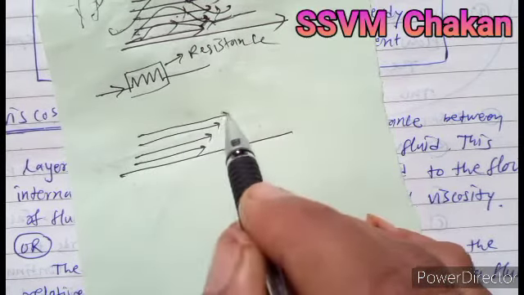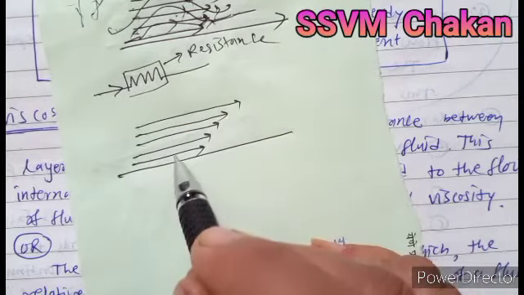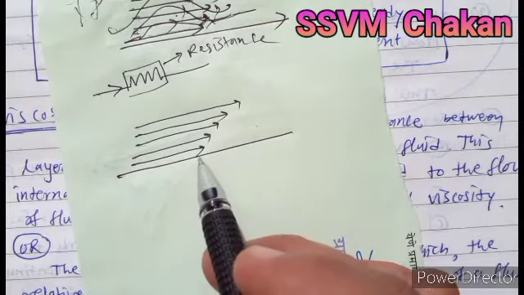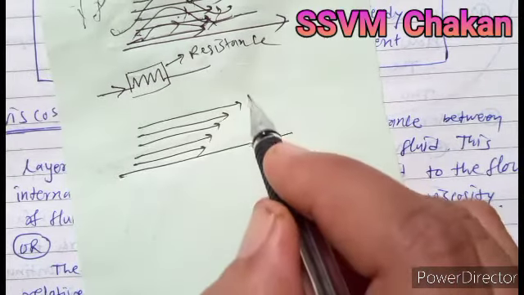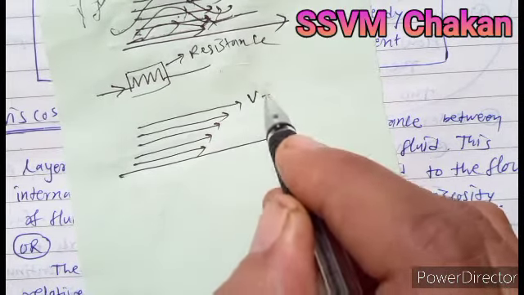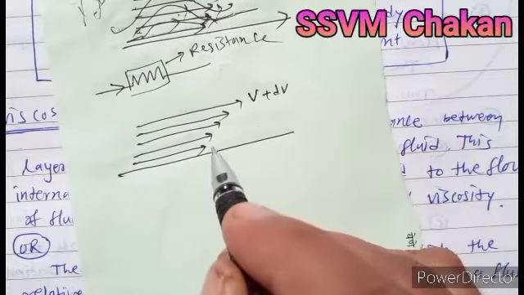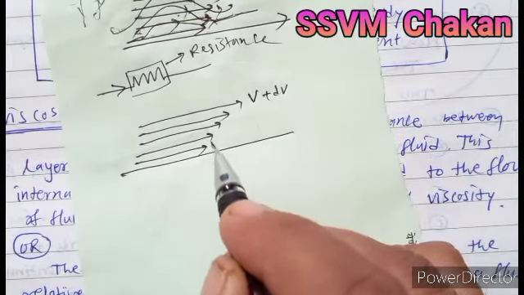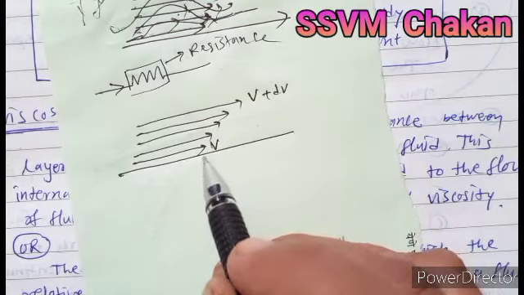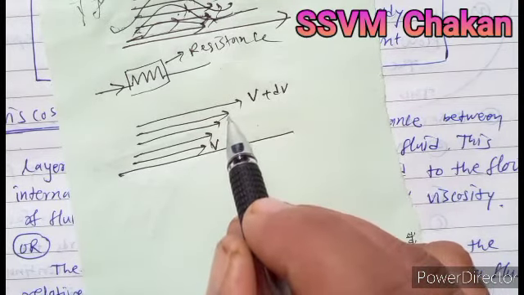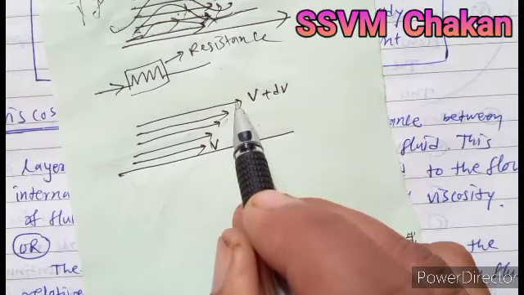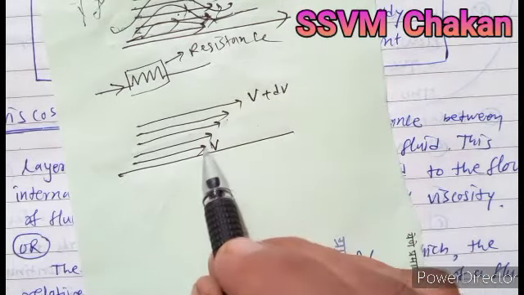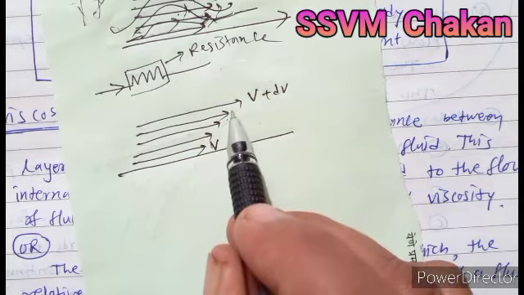So the motion of each layer of a fluid is opposed by the motion of the other layer. The topmost layer has the highest velocity v plus dv, and the lowest bottom layer has the lowest velocity. So velocity goes on increasing as we move from the bottom towards the top of the flow of a liquid. Each layer opposes the motion of the other layer.